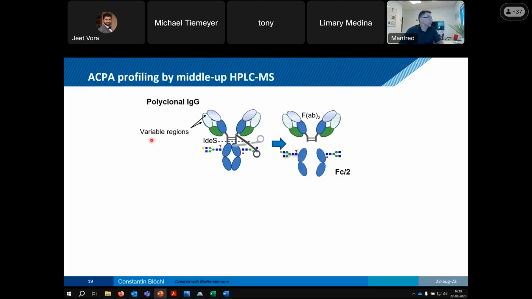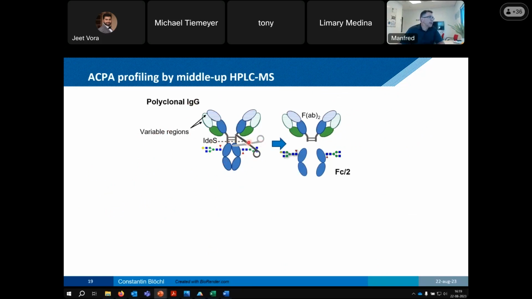Now, we wondered how heterogeneous are these antibodies? What is their glycosylation? Could this influence their pathogenicity? And so we established a number of assays to look at antibody structure and glycosylation. In this case, we focused mainly on the Fc portion.